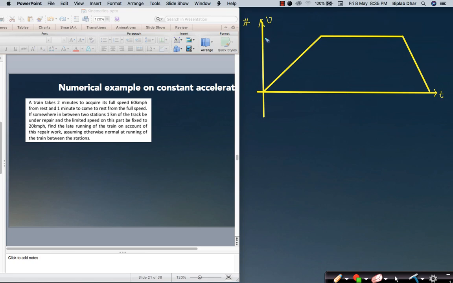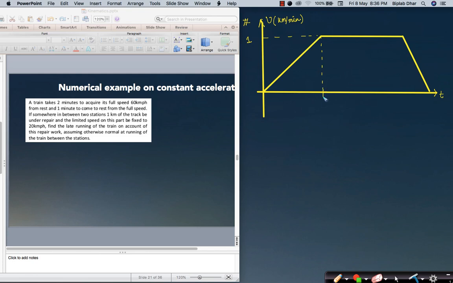You can see that the maximum velocity is 60 km per hour. Let me put it in minutes, so it will be 1 km per minute, because the time units are in minutes. In 2 minutes it reaches this 1 km per minute.